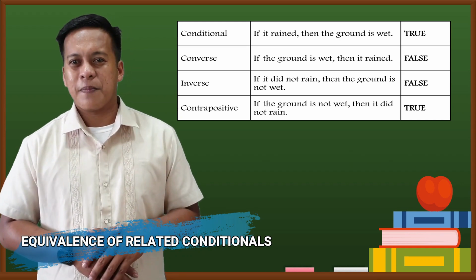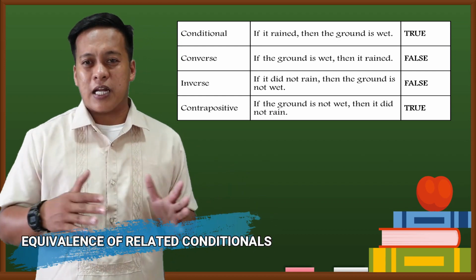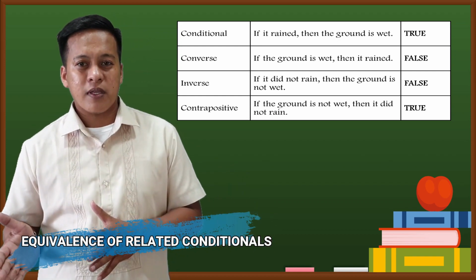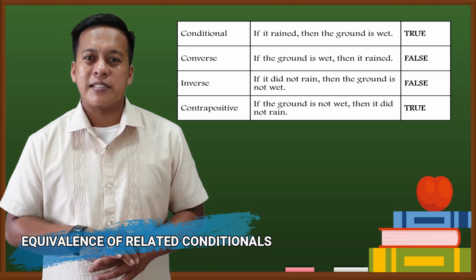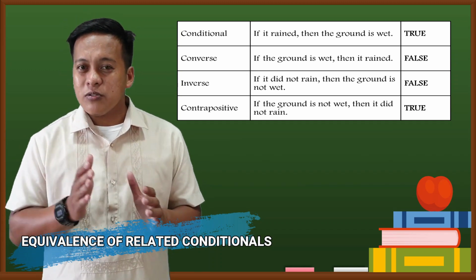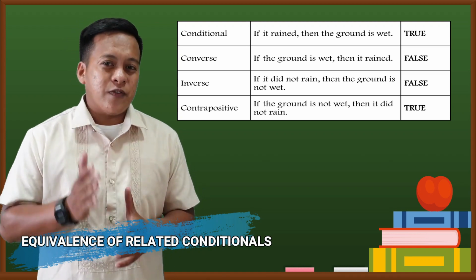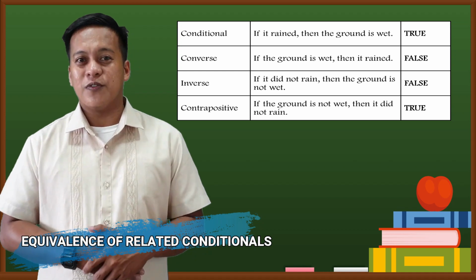No again. Water from the hose could make the ground wet. If this happens, then it makes the hypothesis true and the conclusion false. So, the inverse statement is also false.